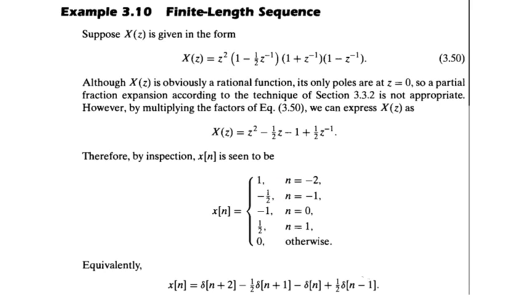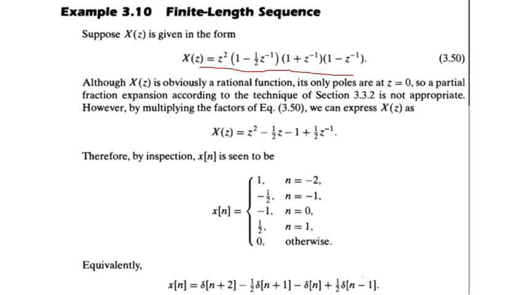Now this is an example of a finite length sequence and we want to find out the inverse z transform. Obviously it looks like it's not a rational fraction, but it is a rational fraction. X(z) is a rational fraction because we have z square into (1 minus 1/2 z inverse), (1 plus z inverse), and (1 minus z inverse).